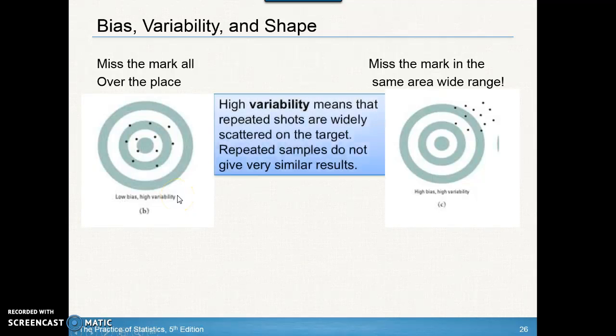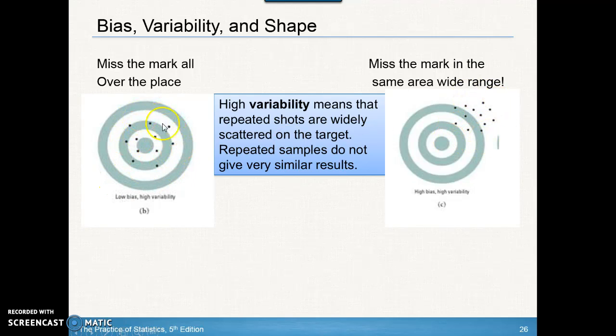For the second one, if you notice here, this is high bias because they're all really far away from where they should be. And there's high variability. They're not all clustered around the same spot. They've missed the mark in the same wide range area. So there's high bias. We consistently overestimated here, and there's high variability because they're all over the place.